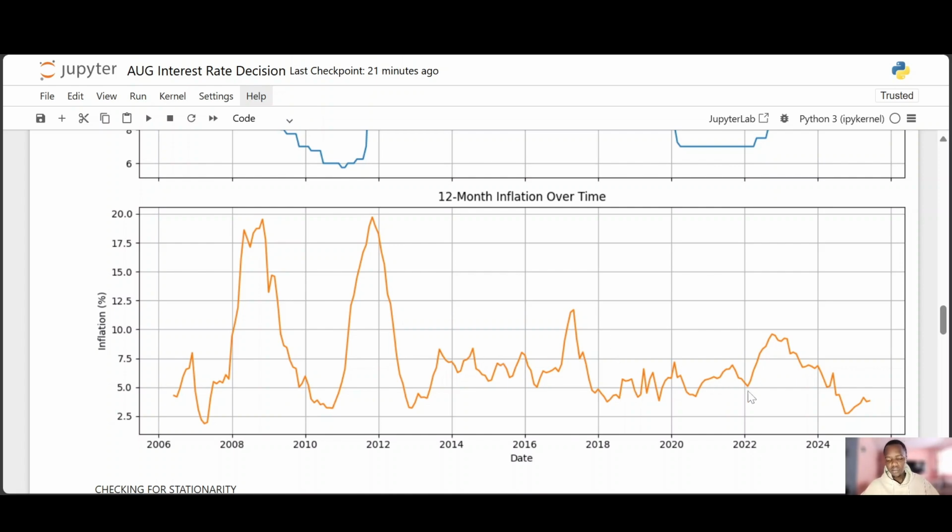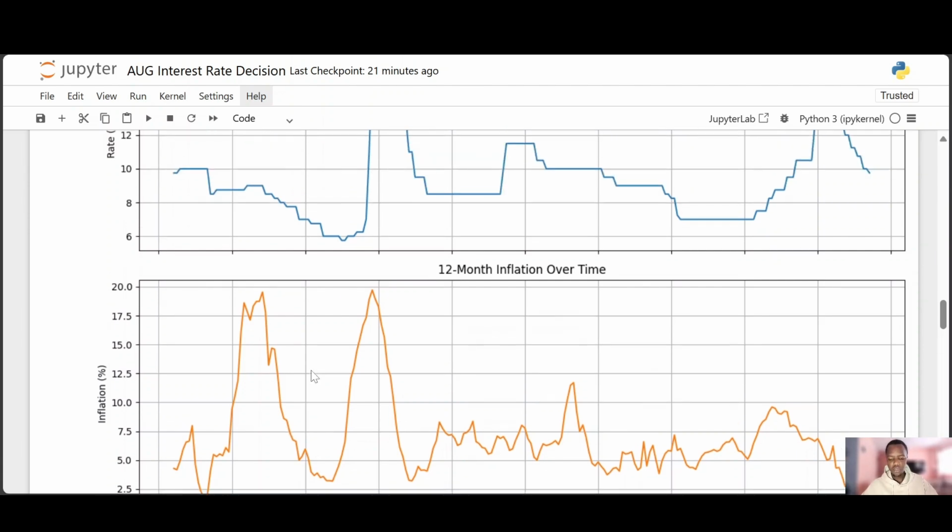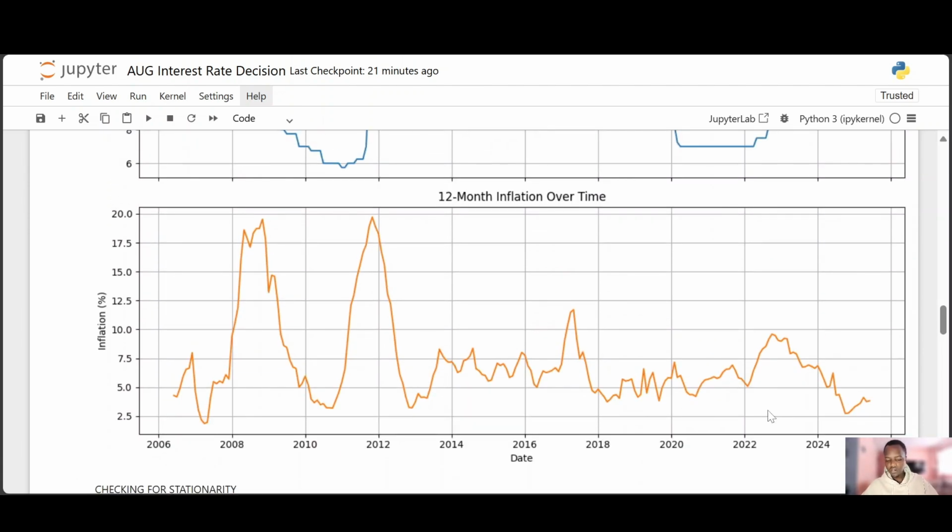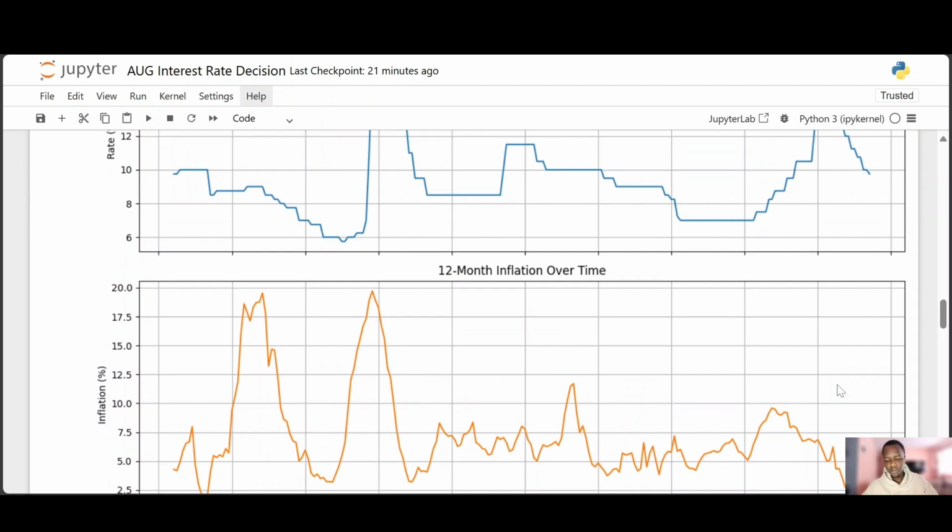Then up, then constant. You can see for the 12-month inflation over time, it's not that much of a noticeable pattern. It's kind of going up, then down, then remaining constant in a way over time. And from 2023 or mid 2022, it's been decreasing all along.